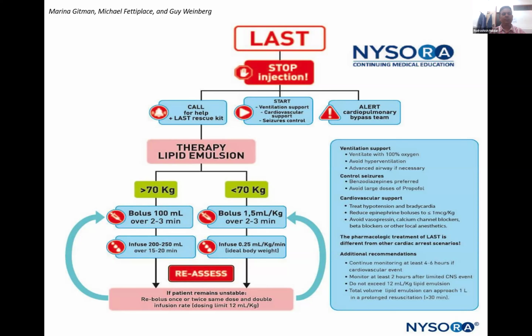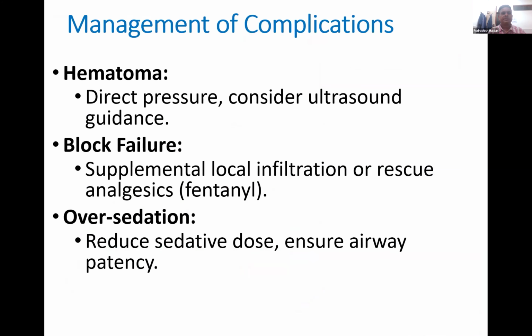And such 2 to 3 boluses can be given, followed by infusion at the rate of 200 to 250 ml over 15 to 20 minutes. If the condition doesn't improve, the bolus amount can be doubled. Then there are certain complications like formation of hematoma at the site of injection, which can be easily treated by applying direct pressure.